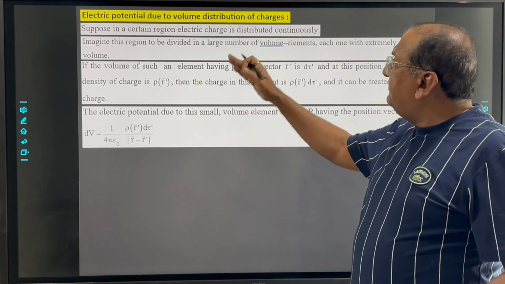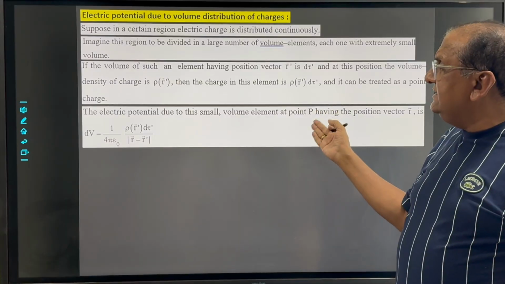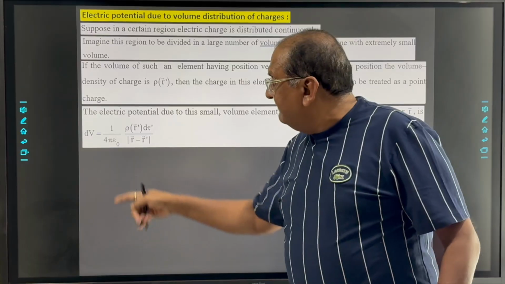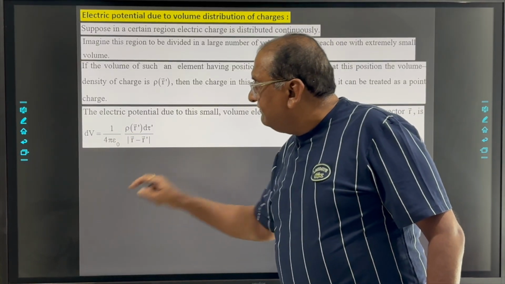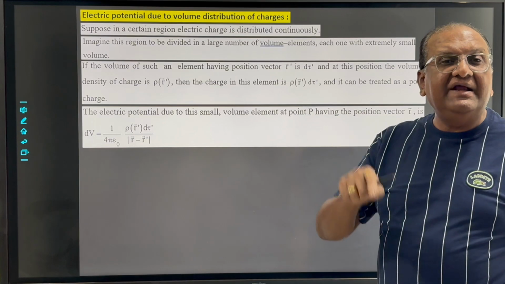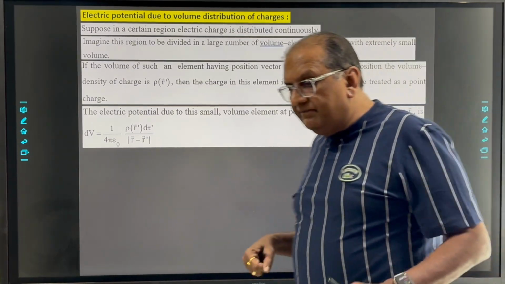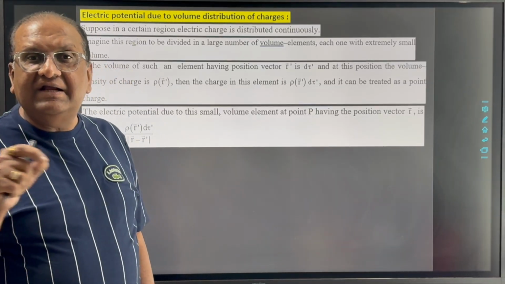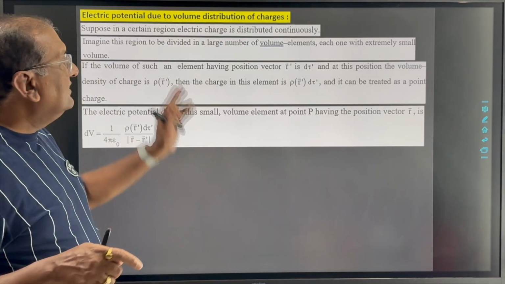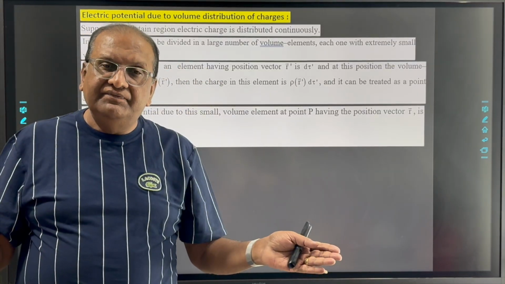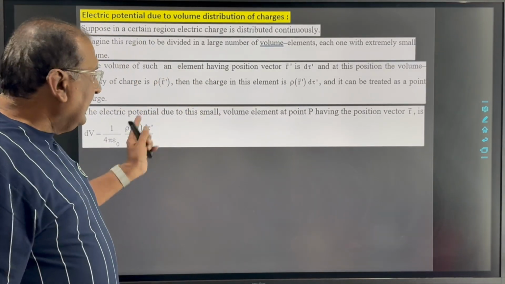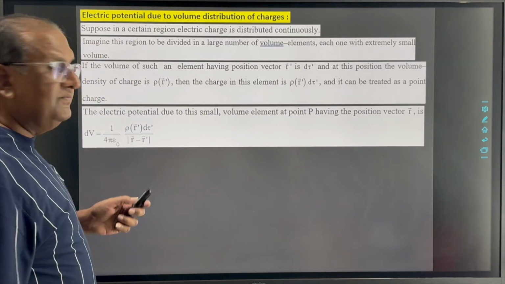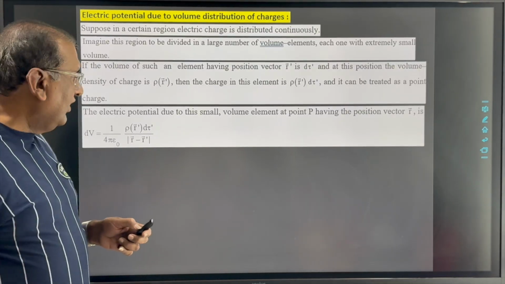Now, if the entire charge distribution is divided into so many small volume elements, and we find the potential like this for each one and take the summation, but here the volume elements are very small, tending to 0, and the distribution is continuous, so we can calculate the total potential with the help of integration of this equation over the given volume.